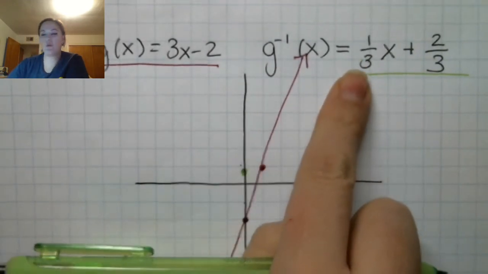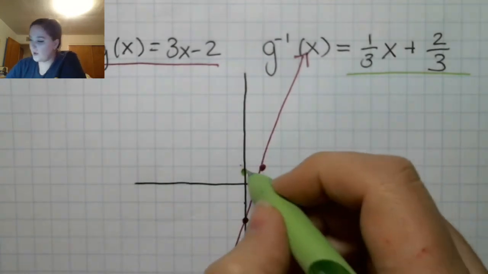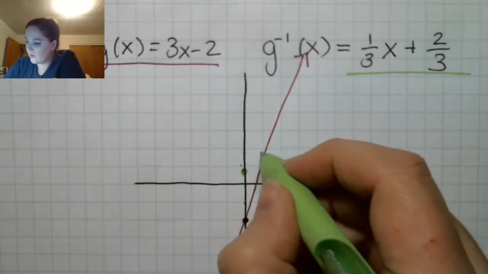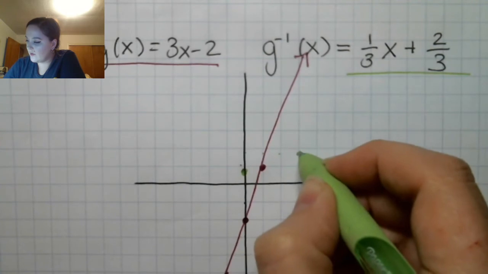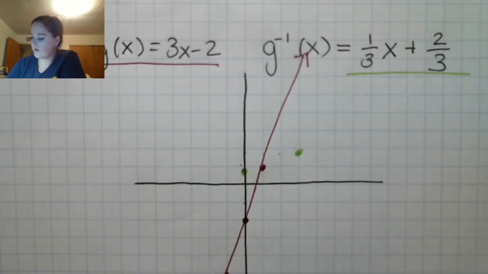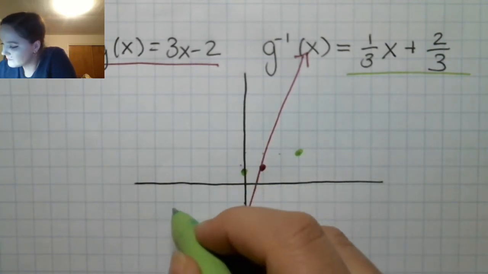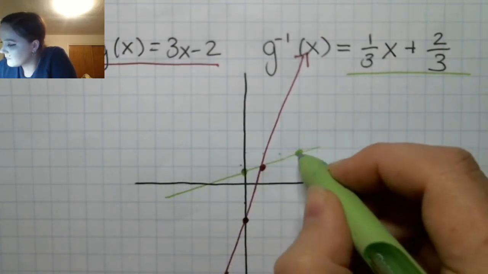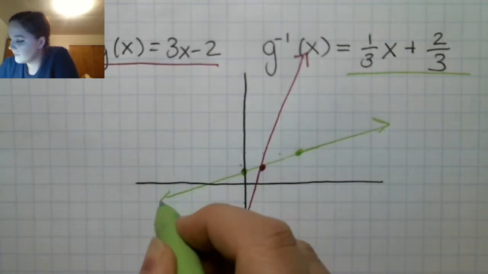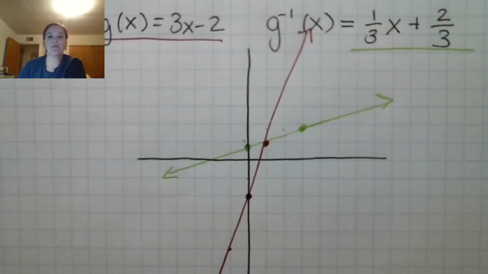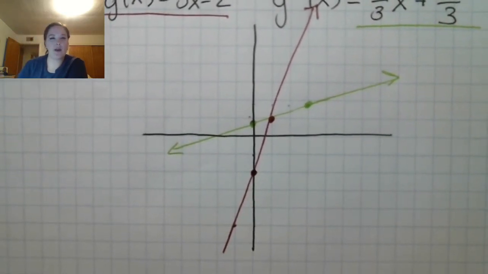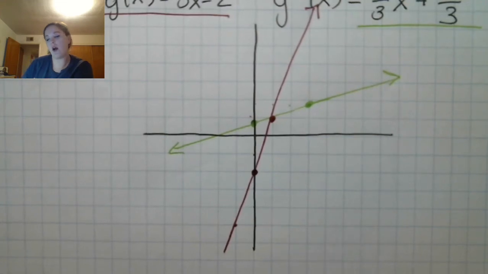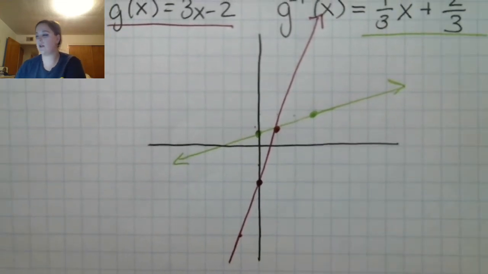And then my slope is 1/3, so I'm going to go up 1 and over 1, 2, 3. So again, you can see that these graphs are related, but not really in what way they're related.